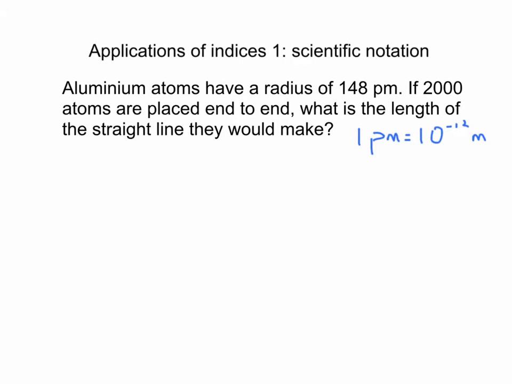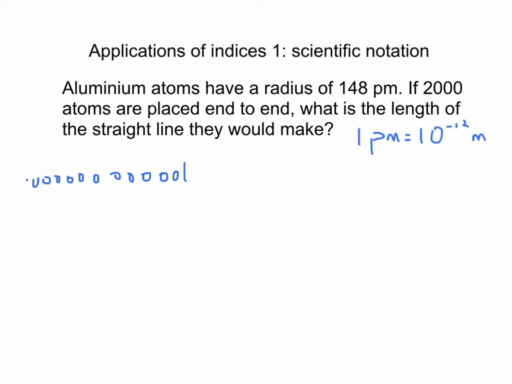Okay, so here's an application. Real aluminium atoms have a radius of 148 picometers, where picometers are very tiny fractions of a meter. So a picometer would be 1 with about 11 zeros before it. 3, 4, 5, 6, 7, 8, 9, 10, 11.